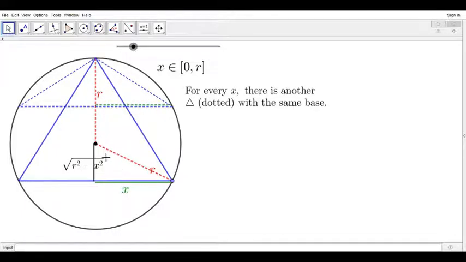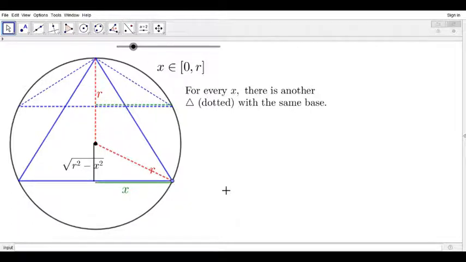I forgot to mention that this black segment would be, by the Pythagorean theorem, the square root of r squared minus x squared, so making the height r plus the square root of r squared minus x squared. But before we go to the error formula, I wanted to point out the complication with having a twin. The twin is a triangle with dotted blue segments.